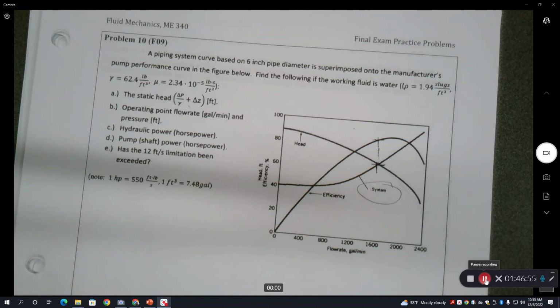This is from fall '09, so it's probably a stupid question, because I didn't know what I was doing. Find the following if the working fluid is water. The static head. What did I mean by that? I don't know. Find the static head. The operating point flow. I think I'm just supposed to pick this off the graph.